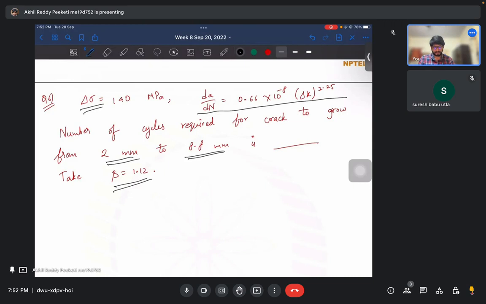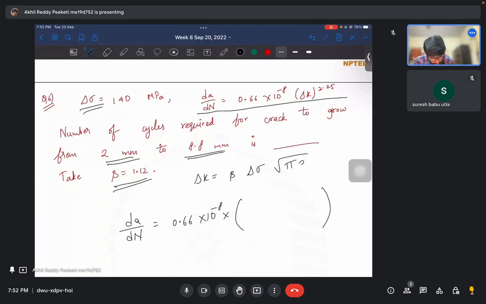So this is also a similar question. dA by dN is equal to 0.66 into 10 power minus 8 into delta k, which is beta delta sigma root pi a, where beta is 1.12 and delta sigma is 140, root pi a power 2.25.